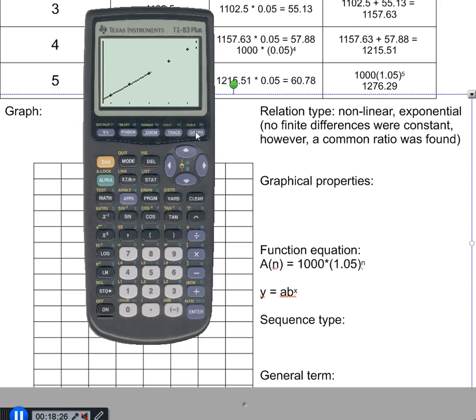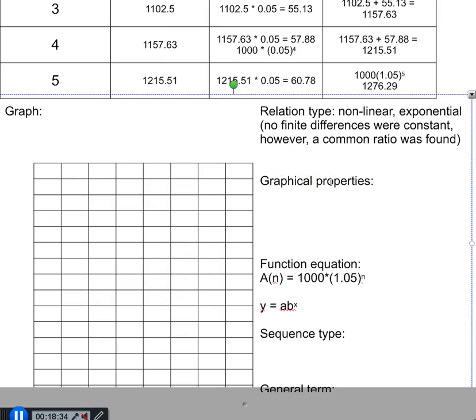So in fact, the graphical properties here would be simply this, that the initial value of the graph equals our principal, which is 1,000, and the growth rate equals 1 plus i, which in this case is 1.05.